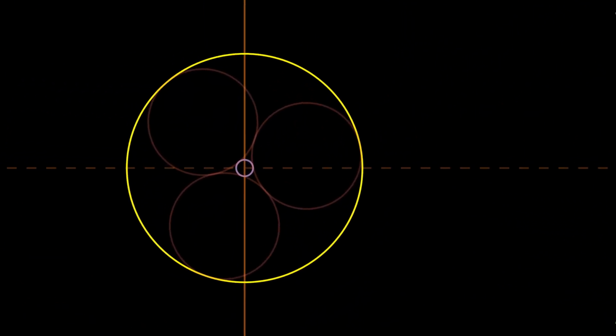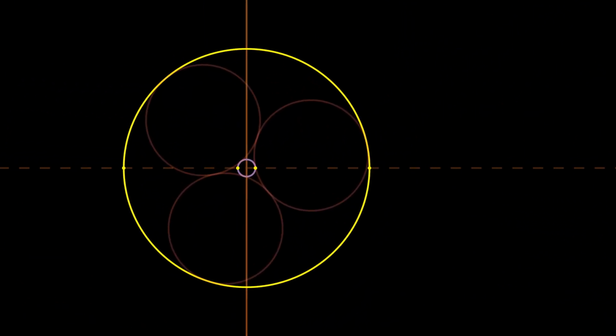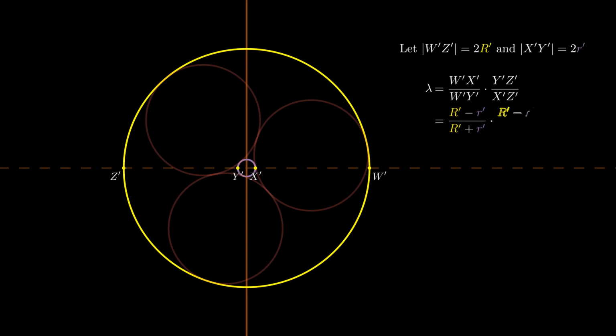If we now let capital R dash be the radius of the outer yellow circle and small r dash be the radius of the inner purple circle, then the cross ratio of the 4 points after inversion becomes R dash minus r dash divided by R dash plus r dash, the whole squared. With some simple geometry, this ratio can easily be calculated as 3 by 4.